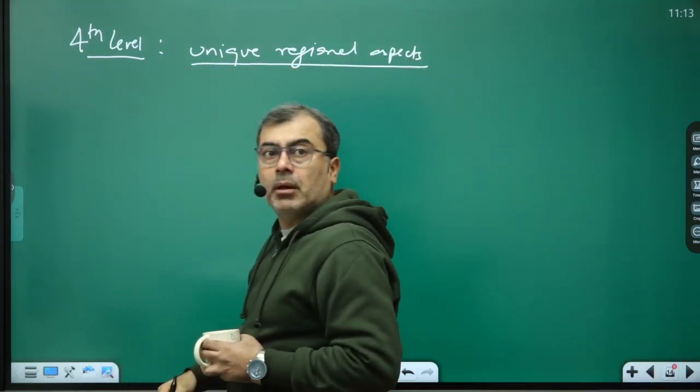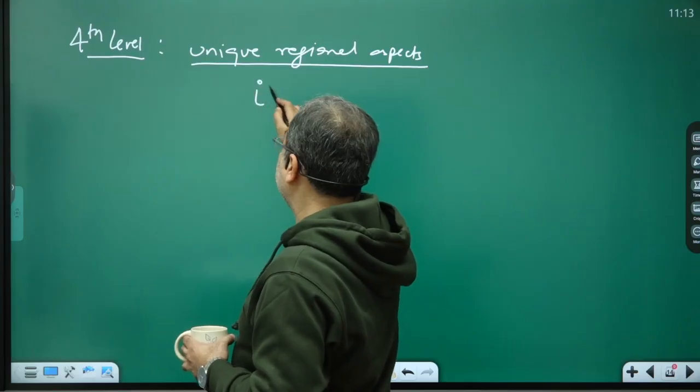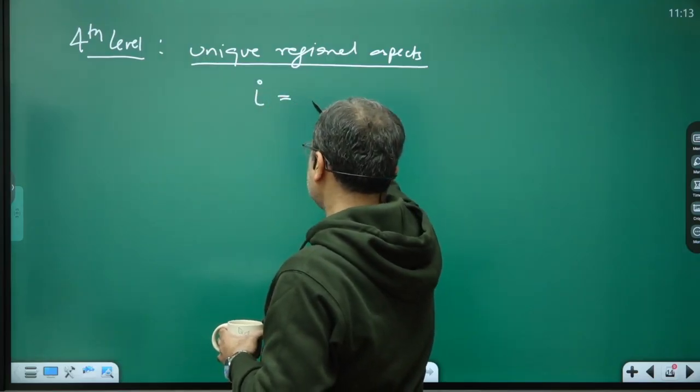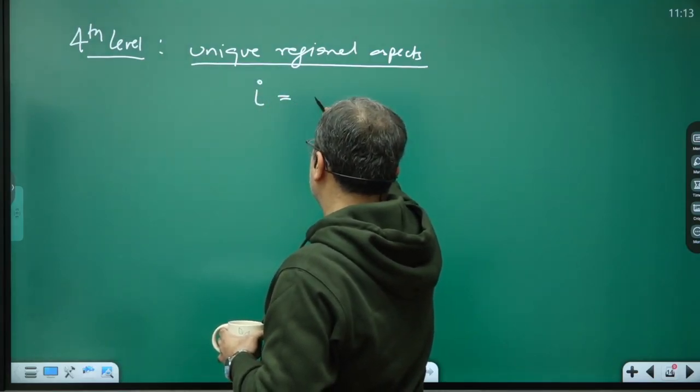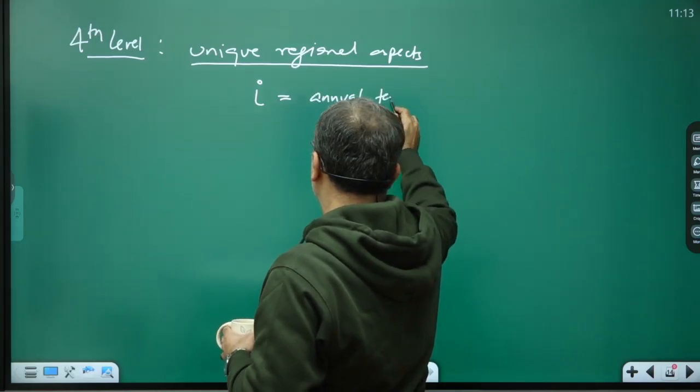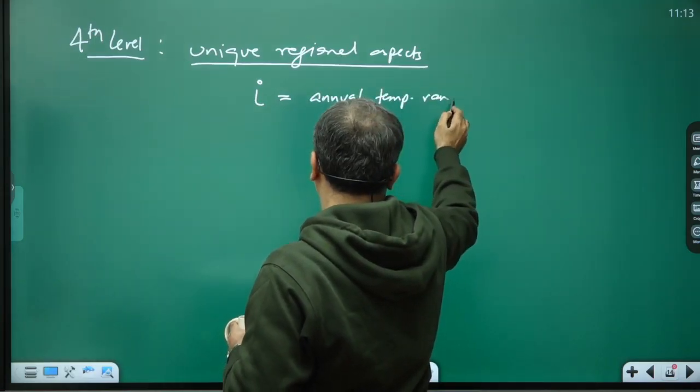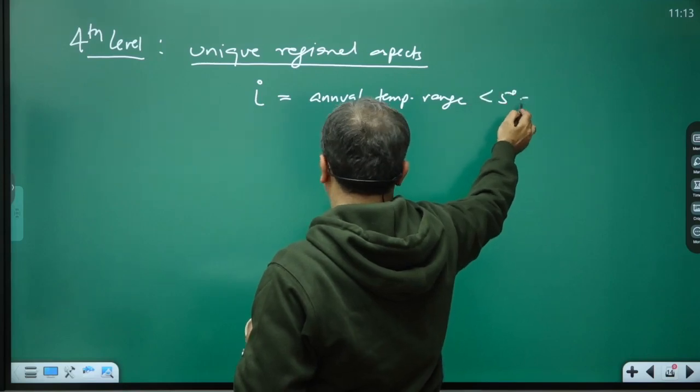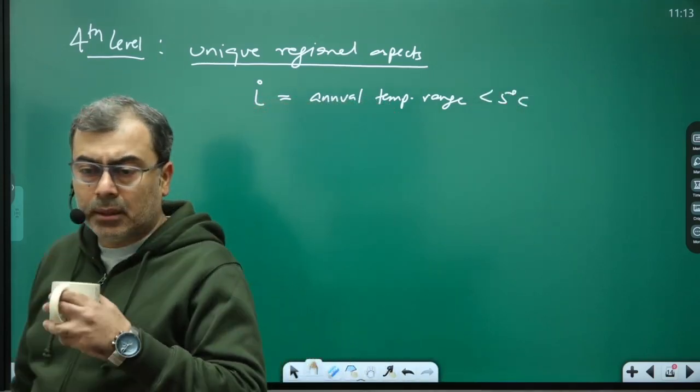Okay. So what is I? I is the code for annual temperature range less than 5 degrees Celsius. Okay.